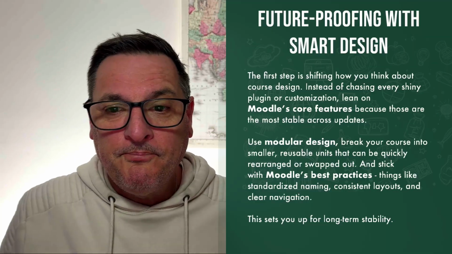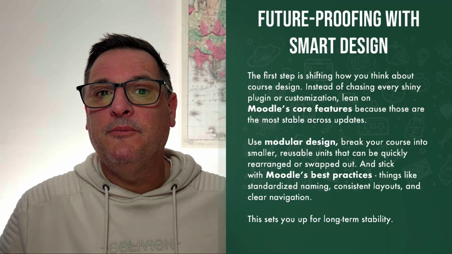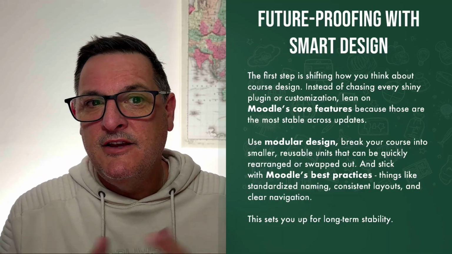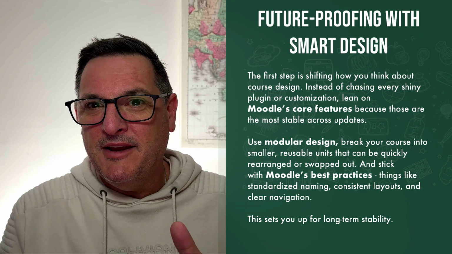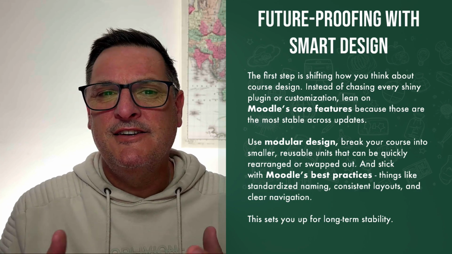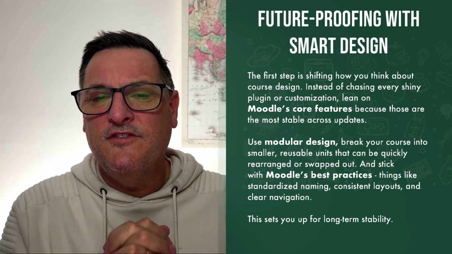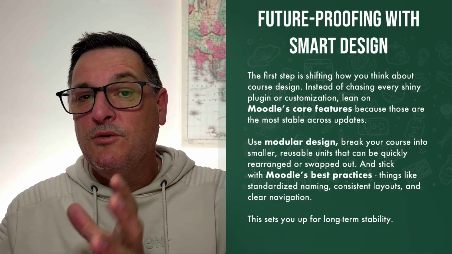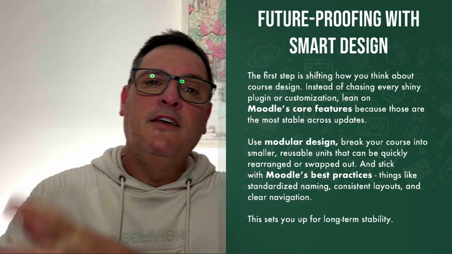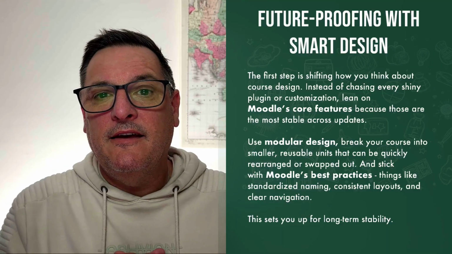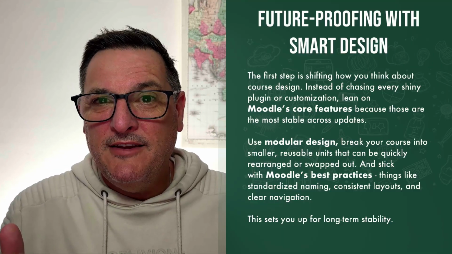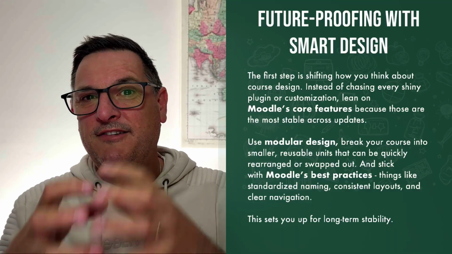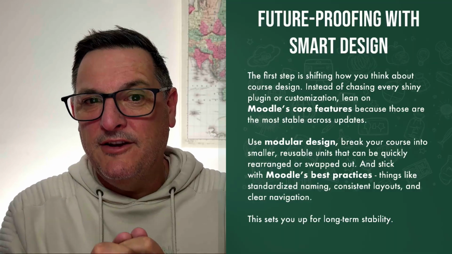At the same time, another idea that helps keep consistency regardless of when Moodle's upgrading is to use SCORM packages. Now, I'm hesitant sometimes with SCORM packages because in Moodle, it's not as nice a user interface for students. But at the same time, if you have an Articulate Rise course that you developed in that other platform and you put that into Moodle, then it doesn't matter if Moodle's updated and the template changes or the theme changes, because that component stays how it was when you designed it.